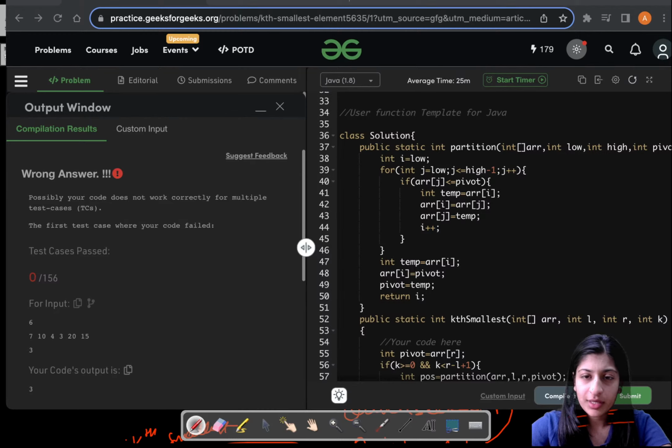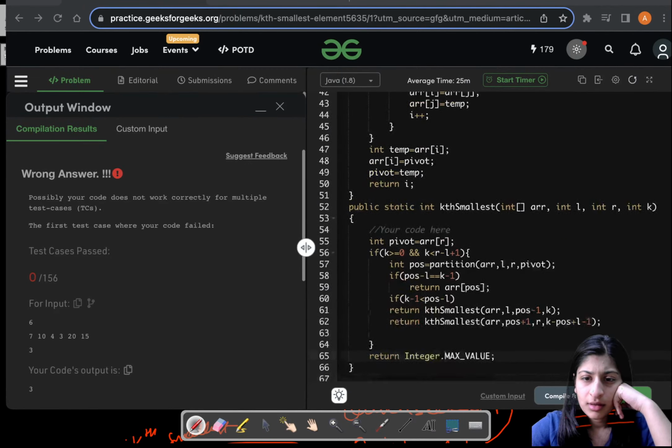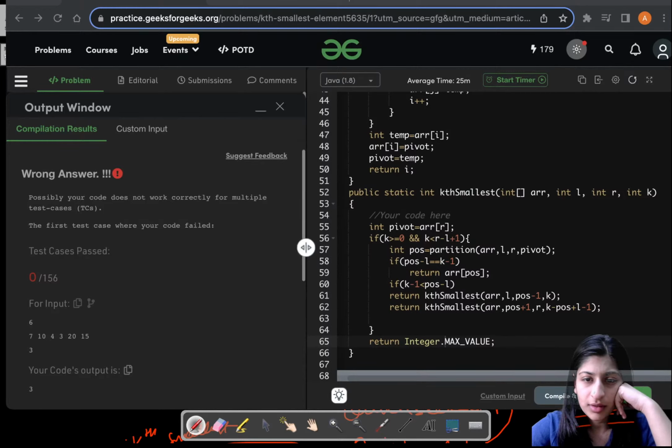Okay, so first of all, let's check where it is not working, what went wrong here. I think I can give the pivot. Am I passing some pivot here? Just a second. First of all, the range should be like this.